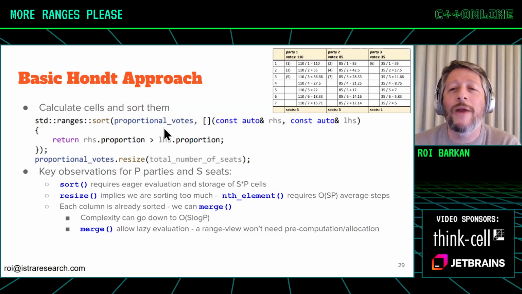Basically, after she created this table of cells, this sort operation was used to sort things from highest to lowest. And then there was a call to resize, to take only the first number of seats as we need, and drop all this lower right region of the table.